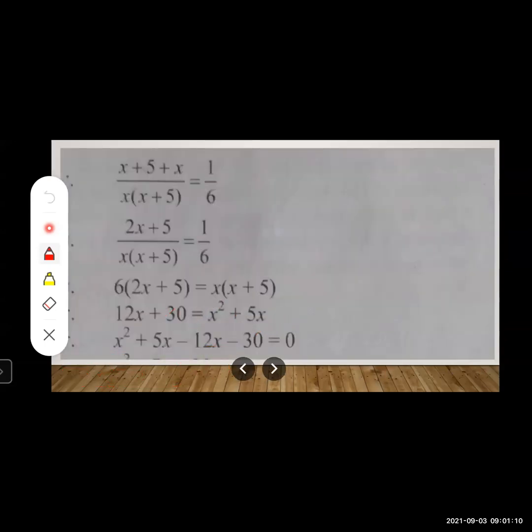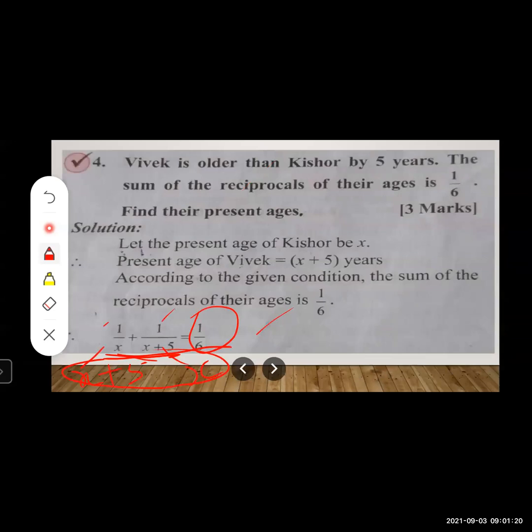When we cross multiply, we will get this step: x plus 5 plus x upon x into x plus 5 is equal to 1 upon 6. See what we have done here. We have multiplied here with x plus 5, and here with x. Means what we are getting? We are getting the denominator as x into x plus 5.